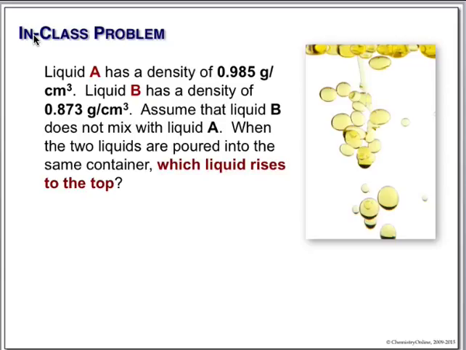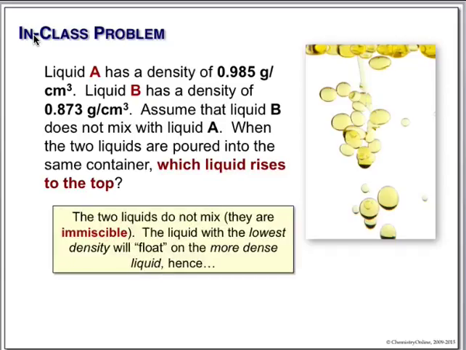The less dense thing always floats to the top. Well, when we talk about liquids that do not mix, we use the term immiscible in chemistry. That means does not mix. Liquid B, the lower density, rises to the top. Any questions?